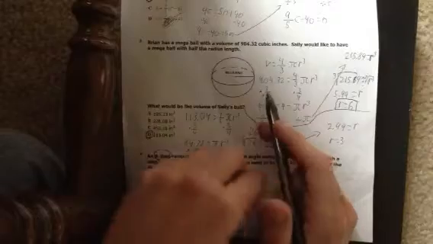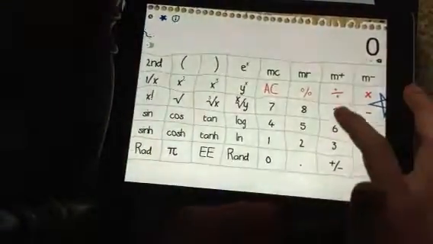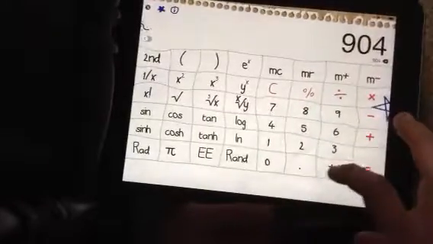So 904.32 times 3/4 equals 678.24. I have a calculator here to prove that. 904.32, right? Yep.